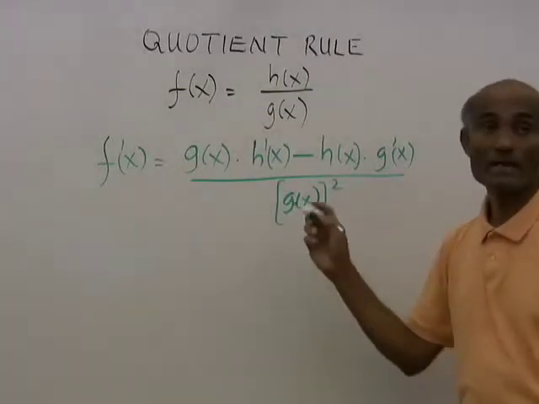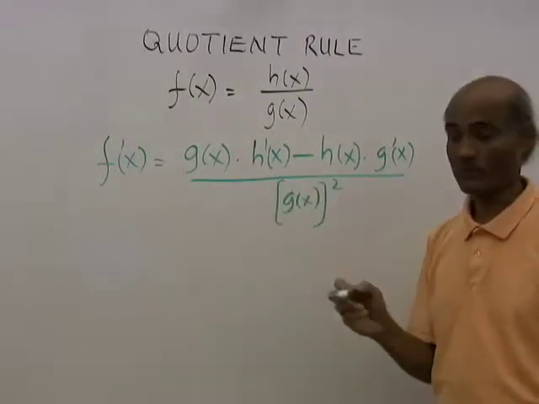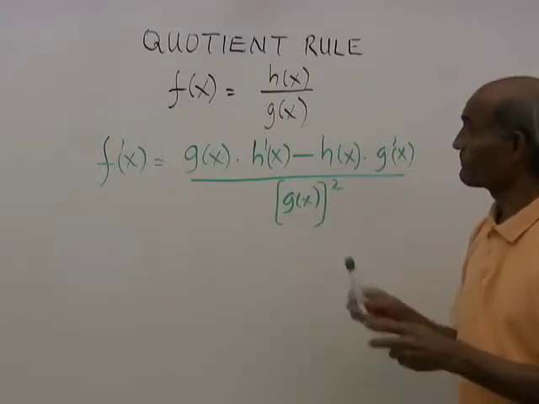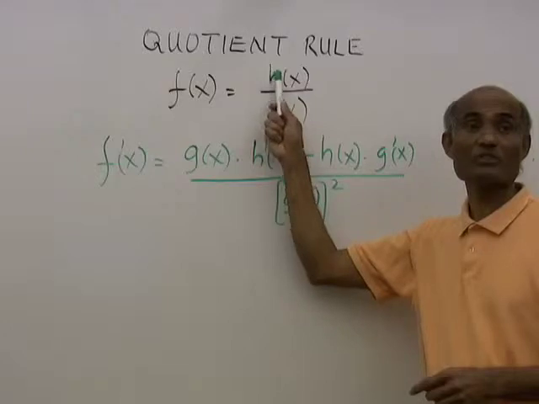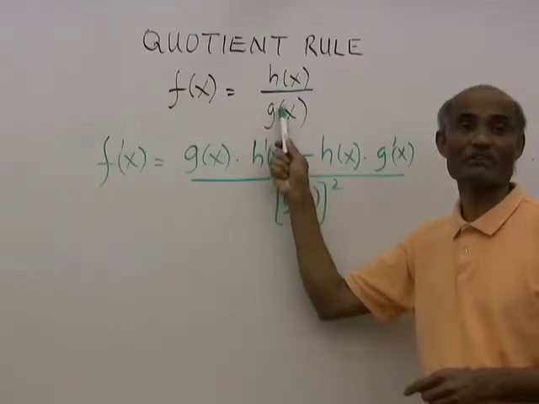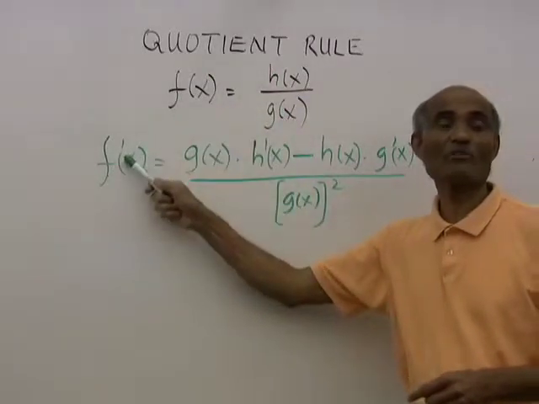So, let's talk about it one more time. What is the quotient rule? If f of x equal to h of x divided by g of x, what is the derivative of f of x?